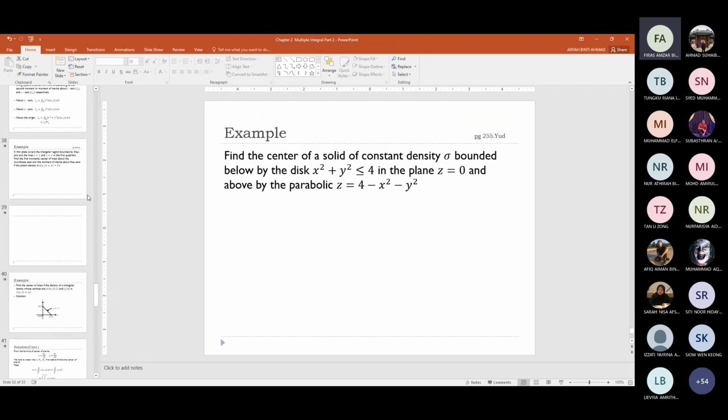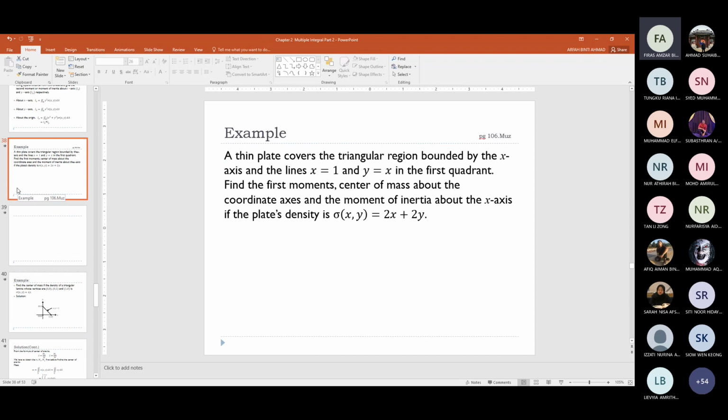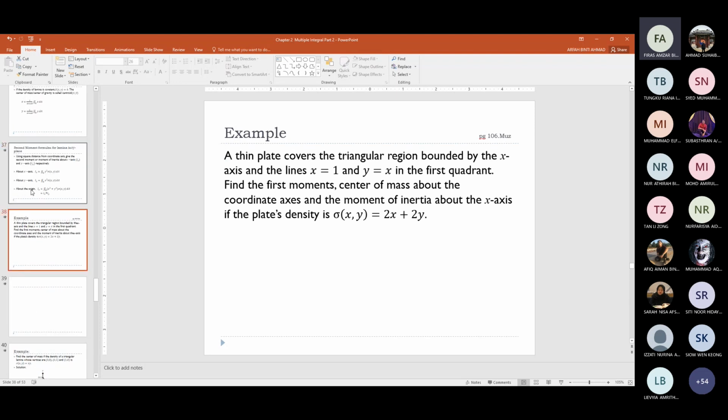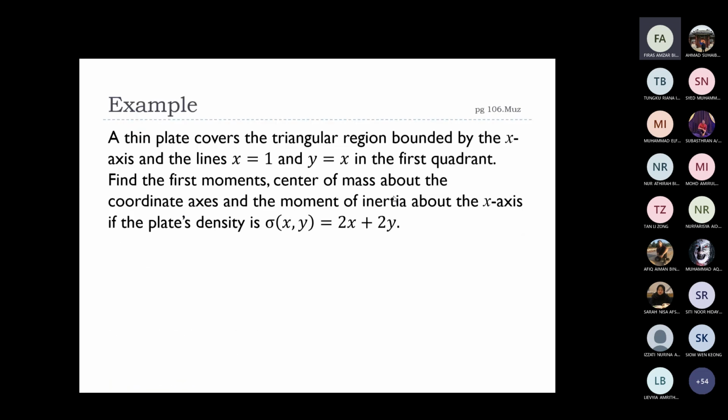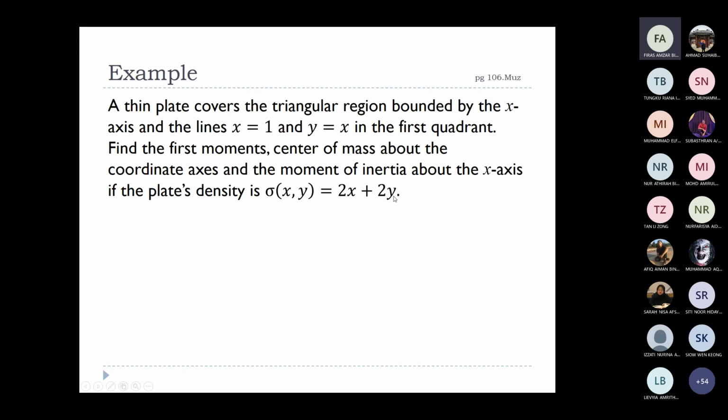So kita tengok this one. So a plate covers the triangular region bounded by the x-axis and the lines x equal to 1 and y equal to x in the first quadrant.